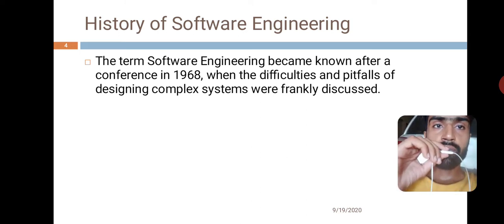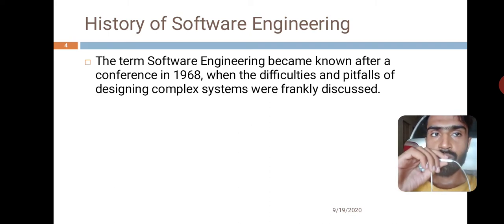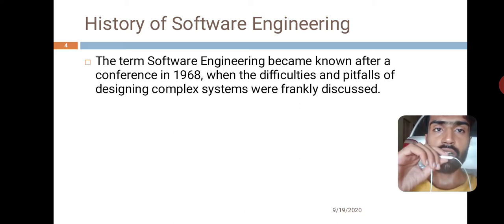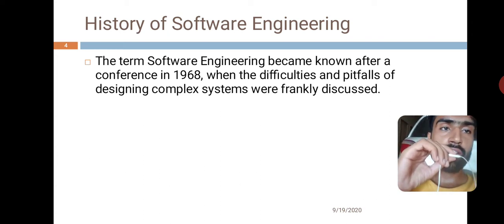The term software engineering became known after a conference in 1968, when the difficulties and pitfalls of designing complex systems were frequently discussed.